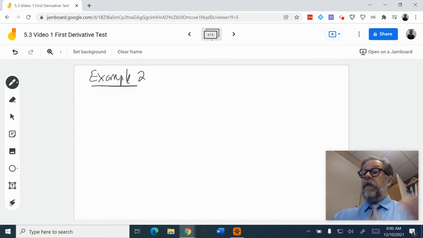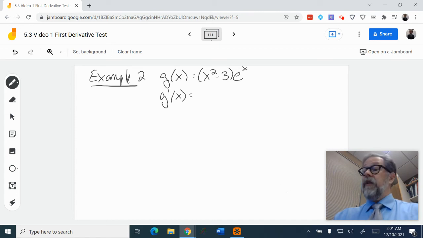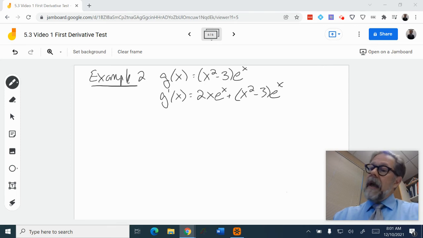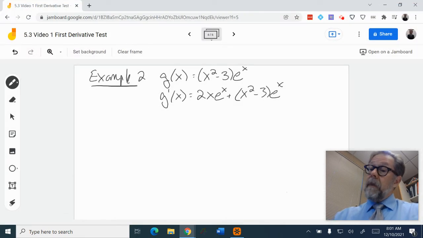Slightly more complicated function because we are going to take a composite function, x squared minus 3 times e to the x. The derivative using the product rule is 2x e to the x plus x squared minus 3 e to the x. And I'm going to go ahead and factor out the e to the x, which gives me e to the x times x squared plus 2x minus 3.